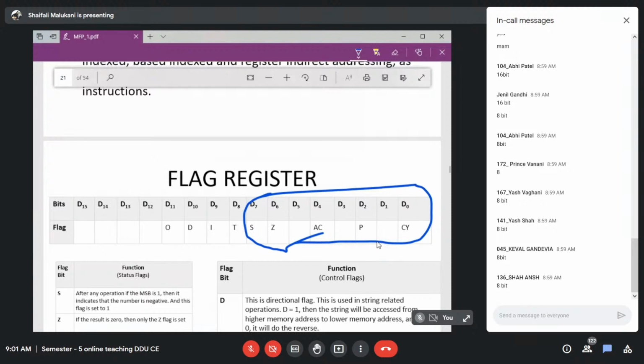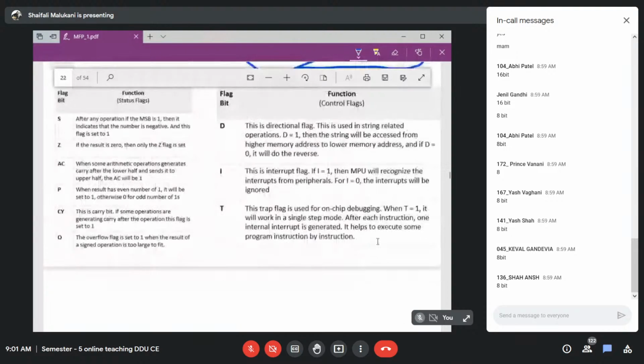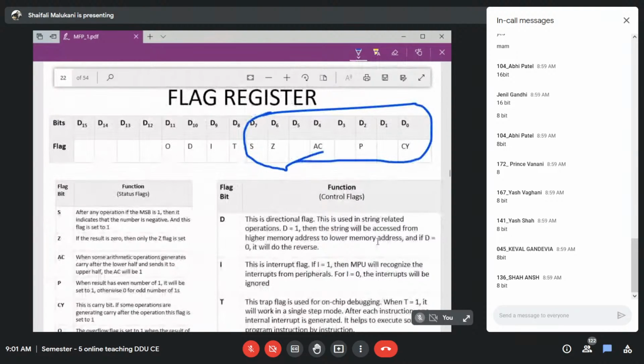What will you do? Suppose I ask you that I have performed some operation X. Let me know whether the parity flag has been set or not. How will you come to know?